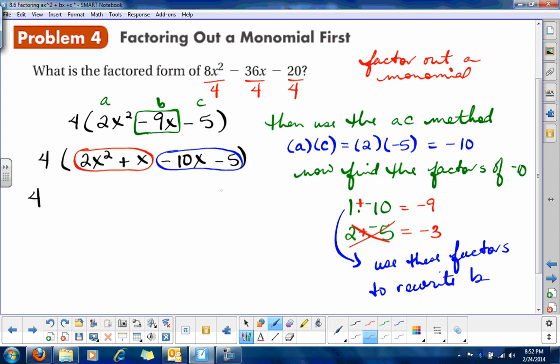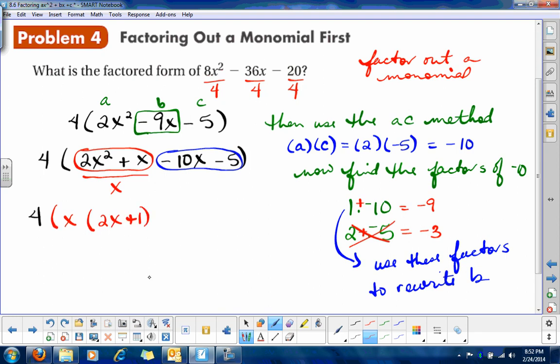In the first binomial, let's factor out just an x. So the x is going to come out, and then what's left is going to be 2x plus 1.